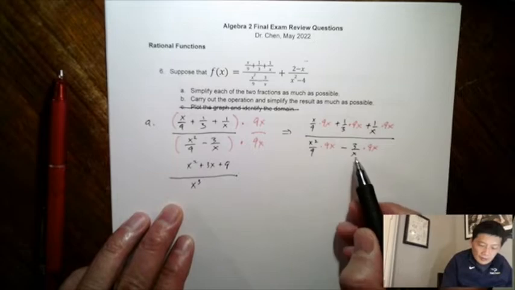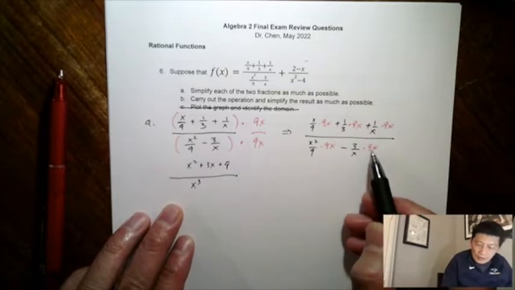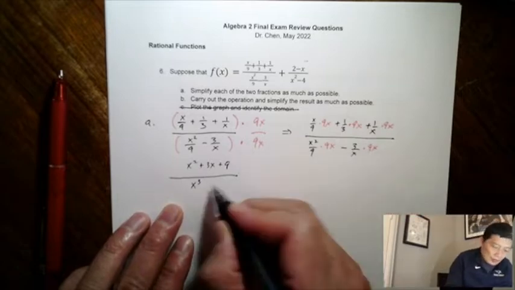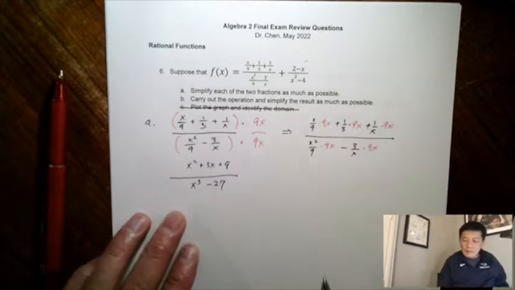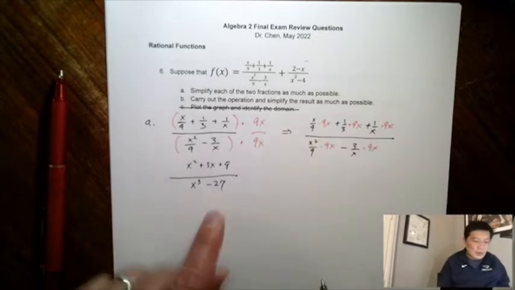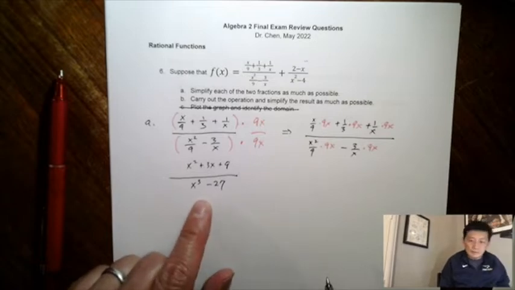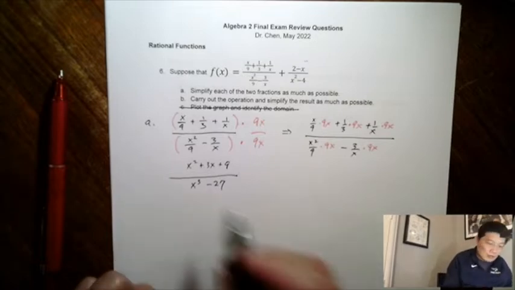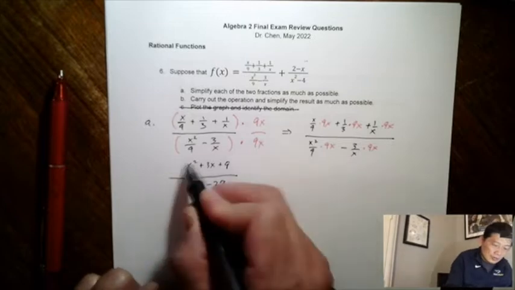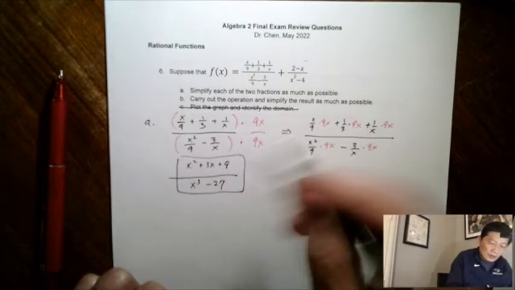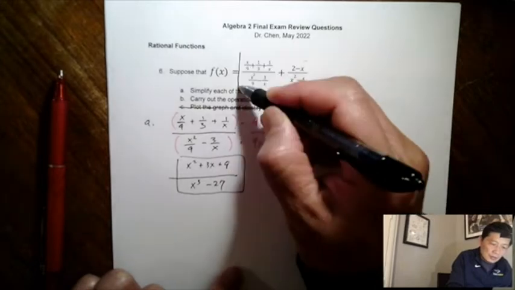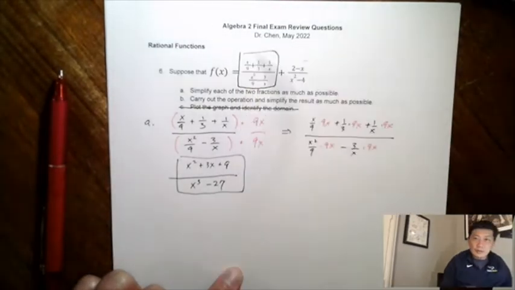And over here, the x's cancel out, so 9 times 3 gives you 27, so minus 27. So as you can see, this first term gets simplified already. This one basically is this portion right here.